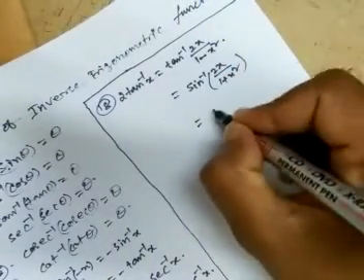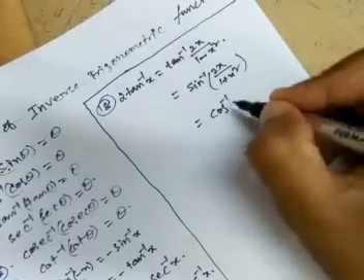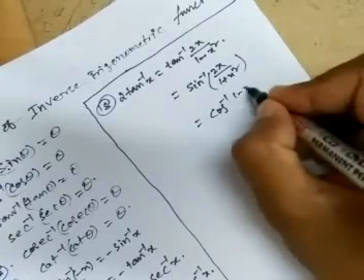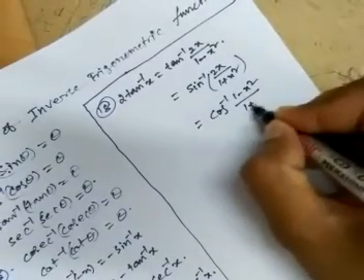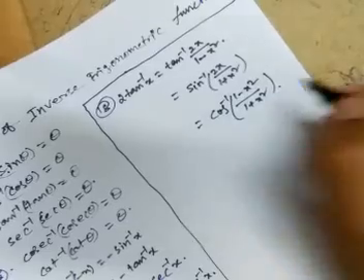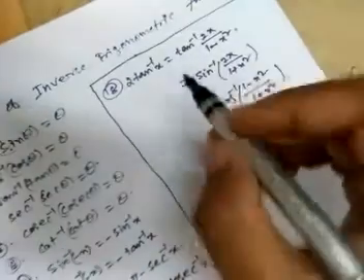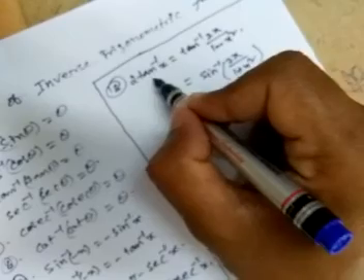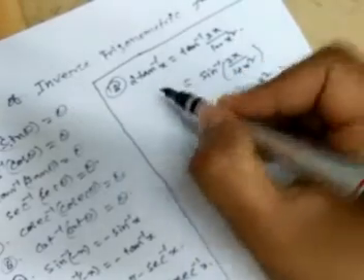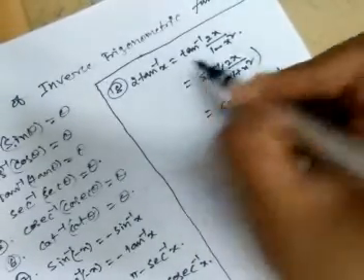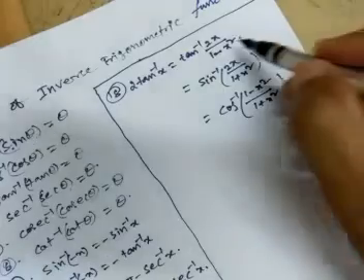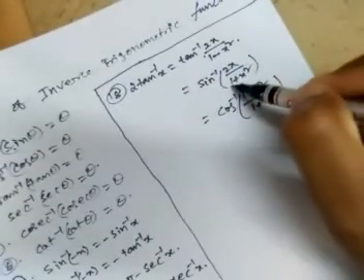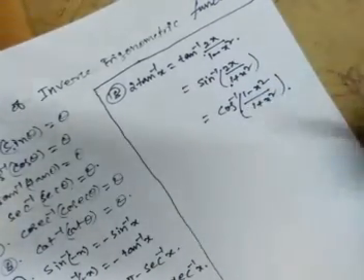In terms of cos, it is cos inverse of (1 minus x square) by (1 plus x square). So we have three formulas for 2 into tan inverse of x: in terms of tan, in terms of sine, and in terms of cos.